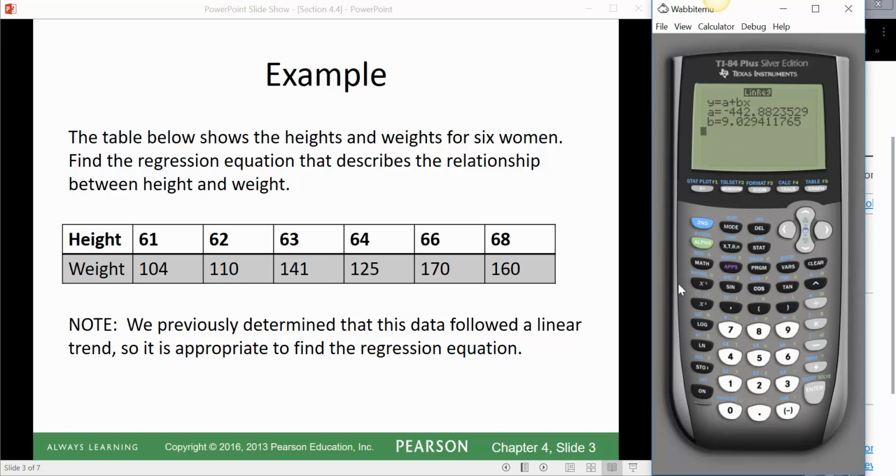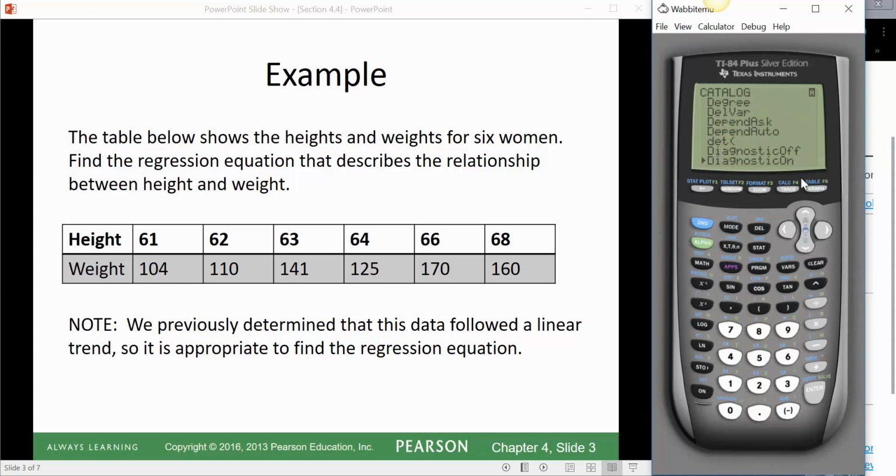I did this on my other computer. Remember I told you if it's not showing up, you have to go to second catalog, and then scroll down to, I believe it's called diagnostics. So go to the D's. You only have to do this once.